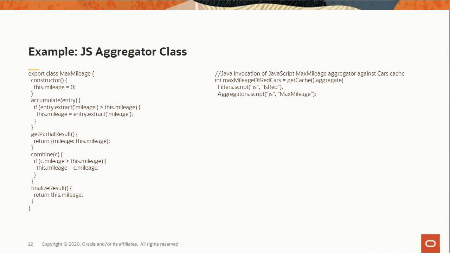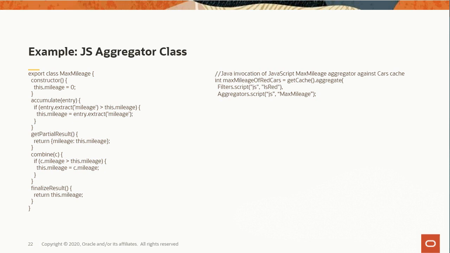So this is a JavaScript implementation of our aggregator contract. Basically, the aggregator is trying to find the car with the maximum mileage. So we initialize mileage to 0. As we go through each partition's entries, we pick the one that exceeds our current max and so on. And then when we're reducing, we pick the one that has the max across all the different partitions.